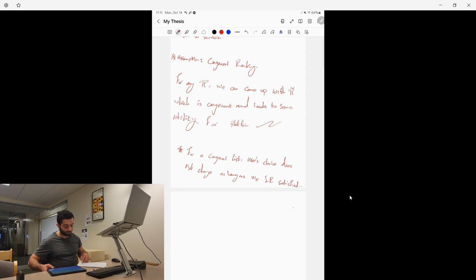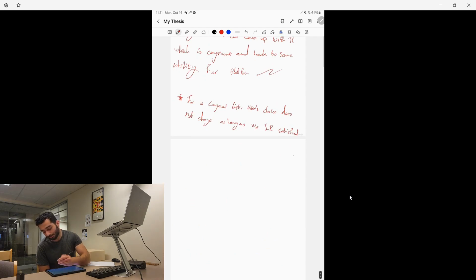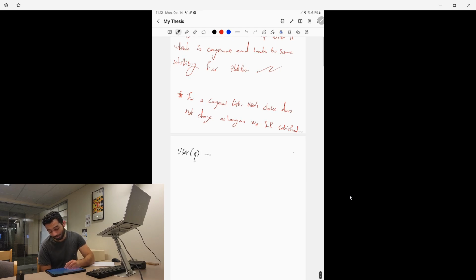Therefore, the user's cost change, delta user. The user's net utility from Q minus user utility when they choose Q1, and then the item is always D1, right?